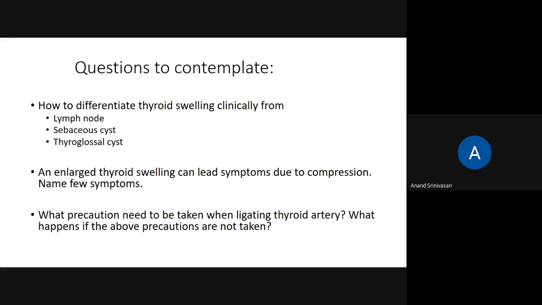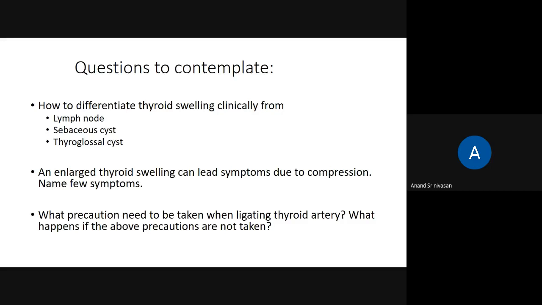The next one is the thyroglossal cyst. I will tell you its importance when we discuss embryology. How do you differentiate it from the thyroid? Both the thyroid and the parathyroids are enclosed in the thyroid fascia, which is part of the deep fascia of the neck.